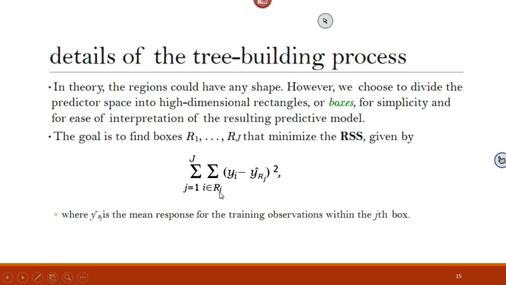I belongs to R_J. So you're saying for every observation that's in the region? Yes. For each observation in region R, you have the residual sum of squares, and you sum over all the regions.